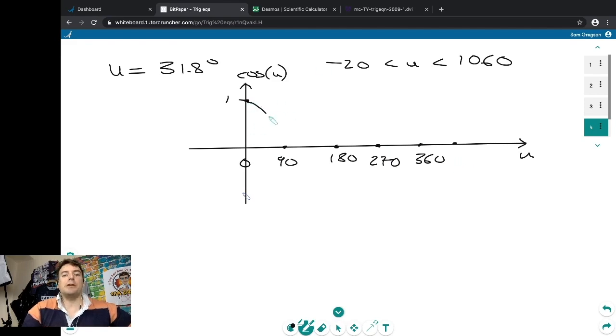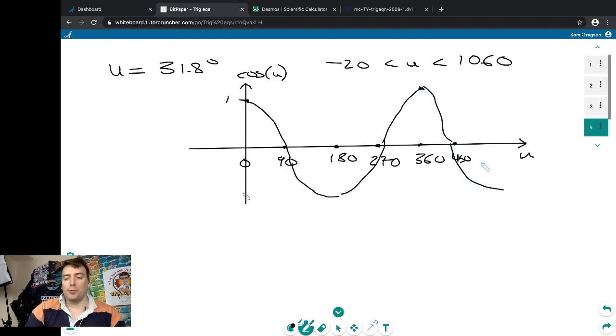So it goes down at 90, 180, comes back up for 270, goes up for 360. Back down for 450. 450, of course. So it's back up at 1 by 360, which makes sense because it's periodic. Back down for 540, and so on and so forth, right?